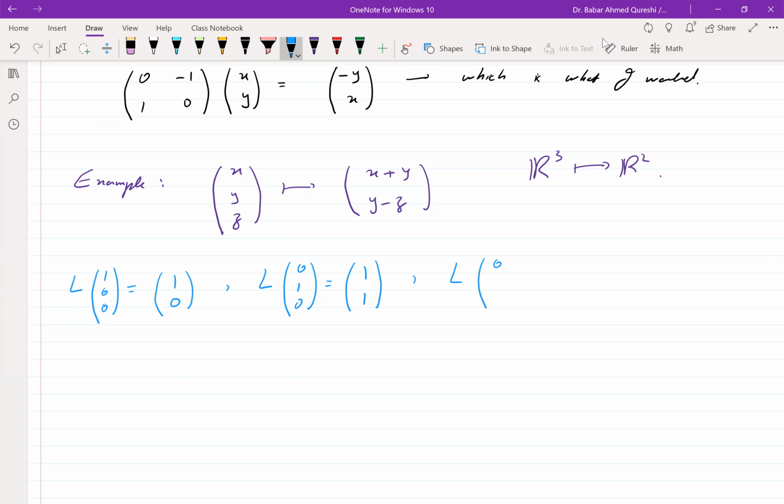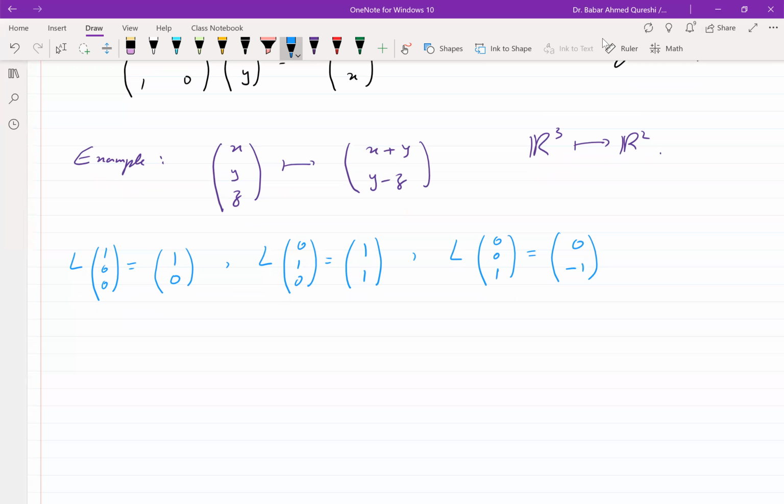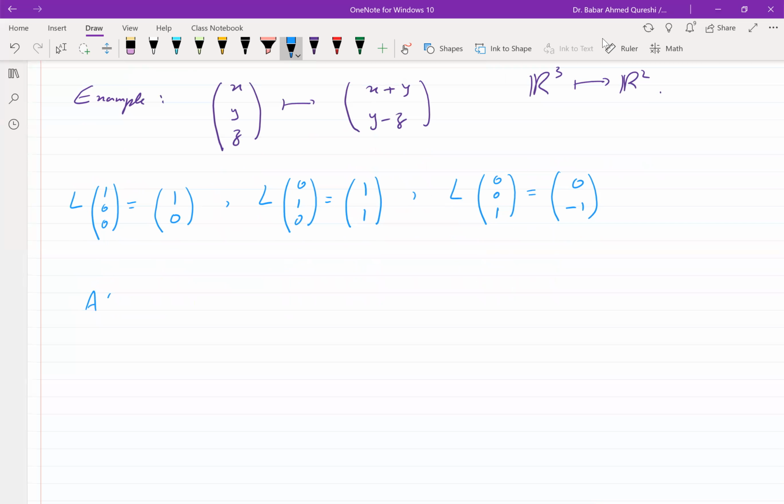And the third one, x plus y gives you a 0, y minus z gives you a minus 1. So the matrix of this transformation is just collect these guys.